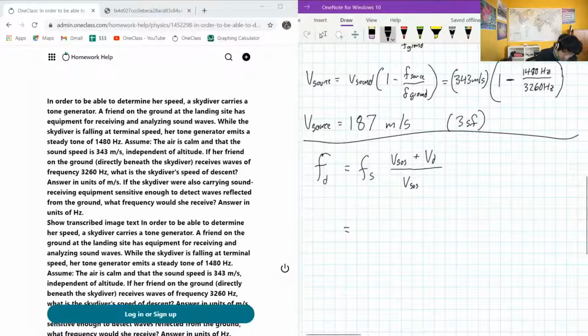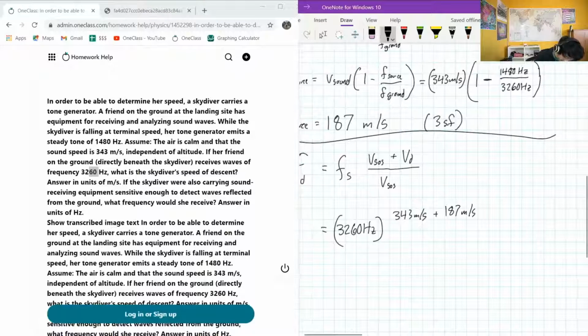We'll just have our source frequency, which is what is bouncing off the ground, and it hits the ground at 3260. So that's going to be our source frequency. Our speed of sound, 343 meters per second, plus the velocity of the diver, 187 meters per second.